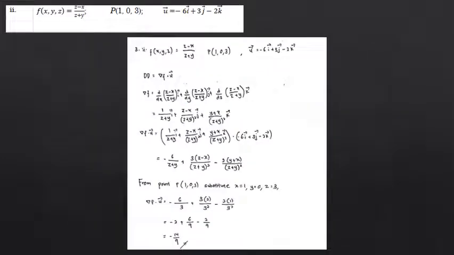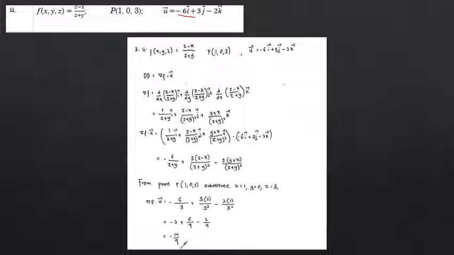Alright, for question 3.2, the given function f(x, y, z) equals (z minus x) over (z plus y), and the given point P is (1, 0, 3), and vector u equals negative 6i plus 3j minus 2k.